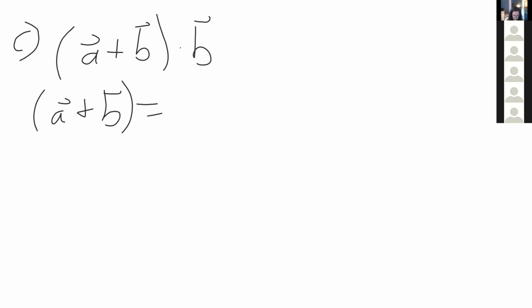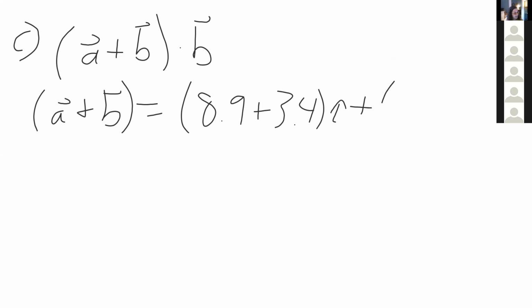Okay, so A plus B is going to be very straightforward. You're just going to add the components together. So for my vectors, that's 8.9 plus 3.4 in the i hat, and then 4.0 plus 2.4 in the j hat.